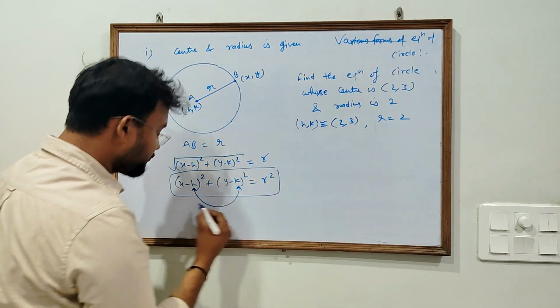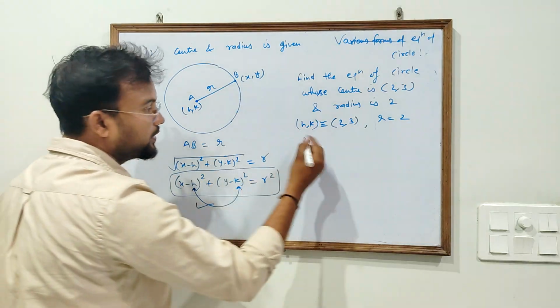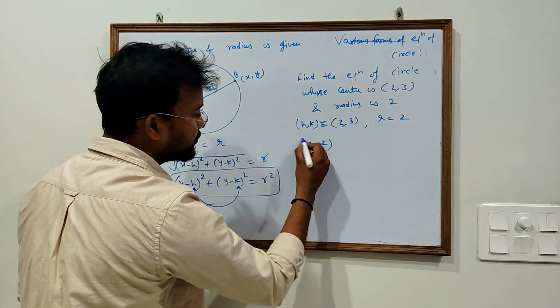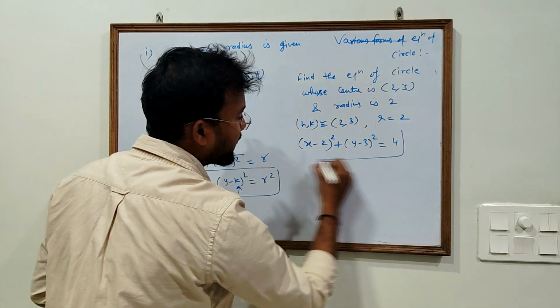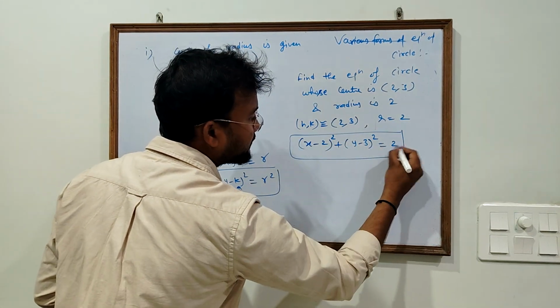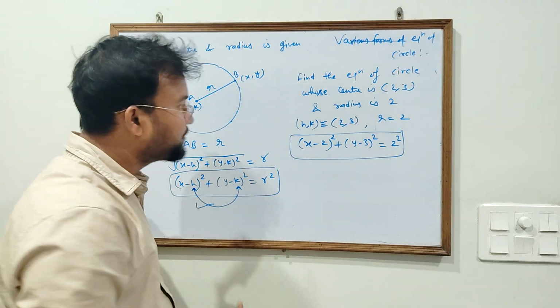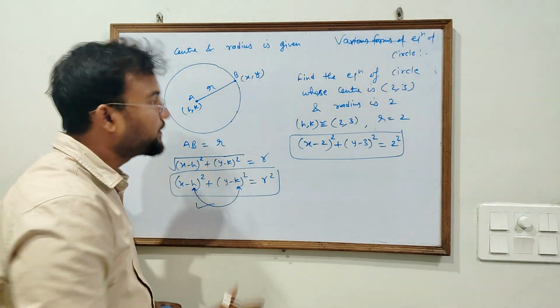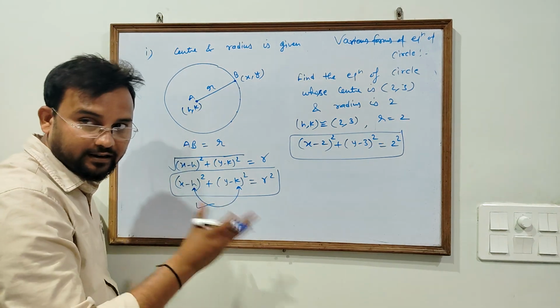So what will be the equation of circle? See, h and k is given 2 and 3 and the radius is 2. So it should be x minus 2 whole square plus y minus 3 whole square equal to r square. R means 2 square. 2 square means 4. I have taken just an easy example to elaborate the type of the equation of circle when the center and radius is given.